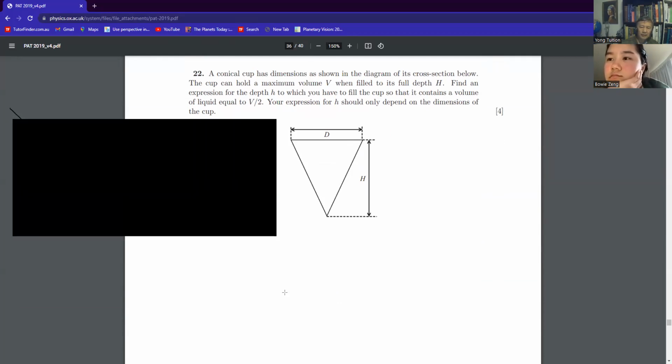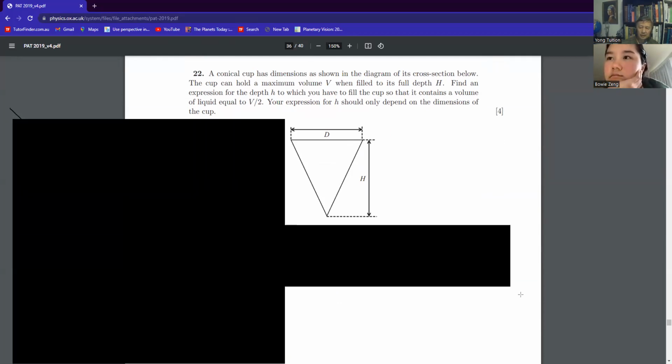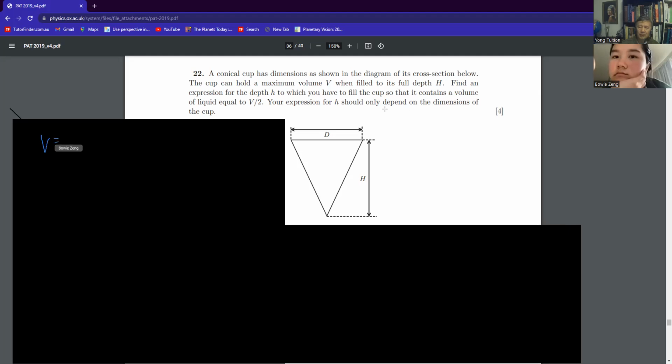So make some area for cross section below. Yes. Maximum volume. Find the expression for the depth h to which you have filled the cup so that it contains a volume of liquid equal to half.